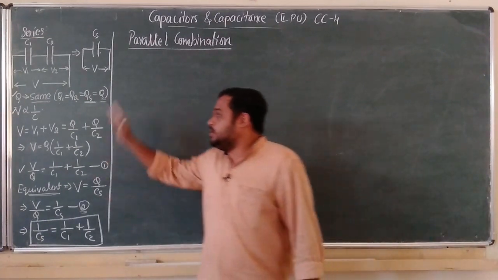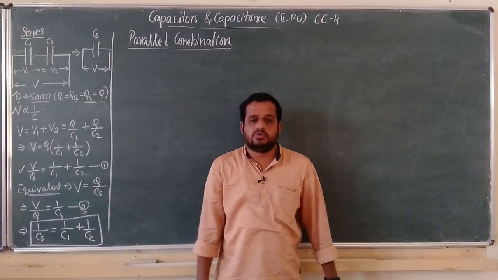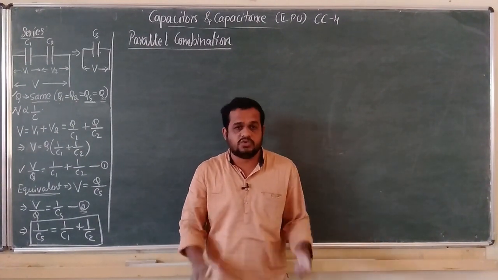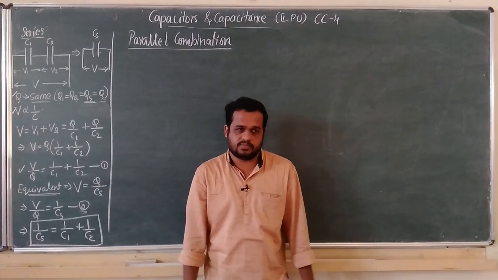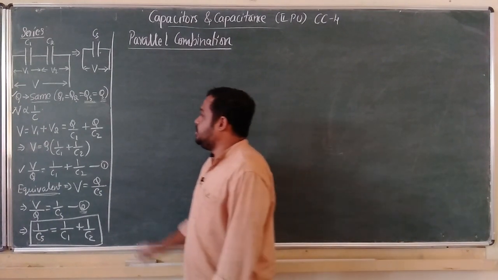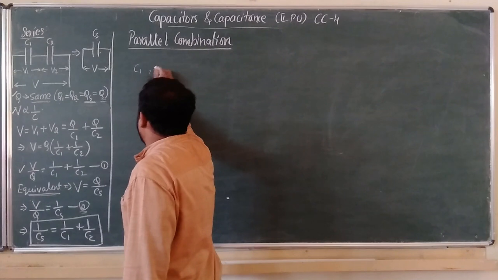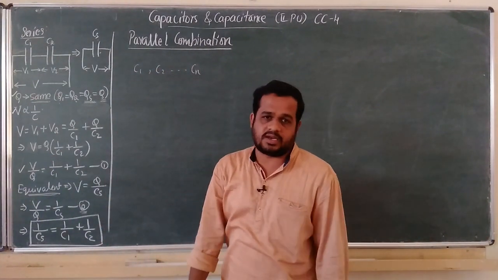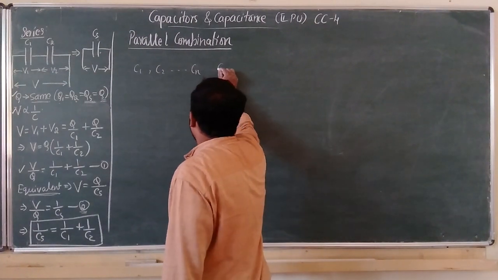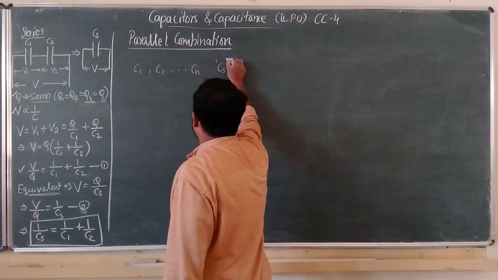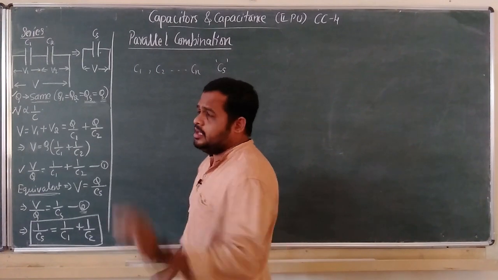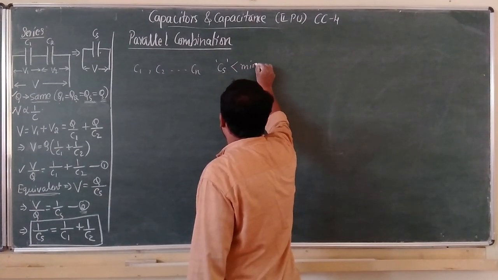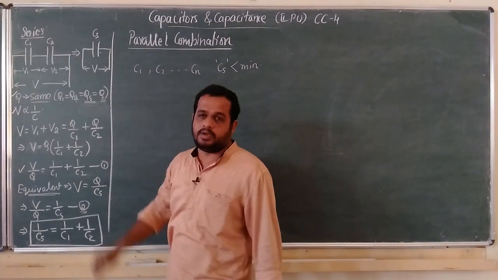Now this series combination is used when you want to get a smaller value of capacitance using larger values of capacitance. Remember this. When n capacitors are connected in series, the effective value of the capacitance of that particular combination will be less than the minimum capacitance value used in the combination.